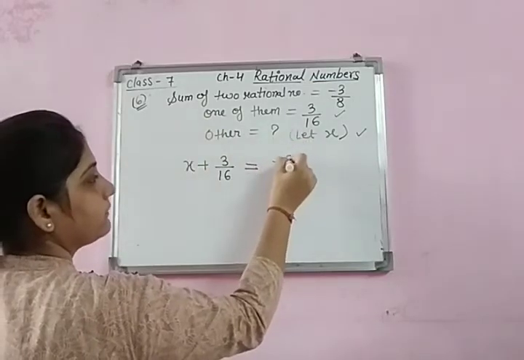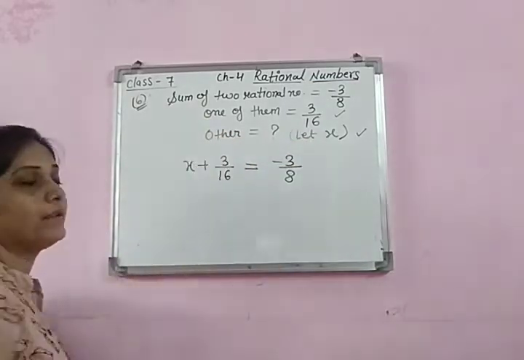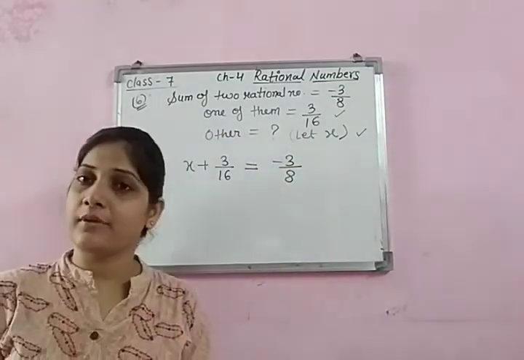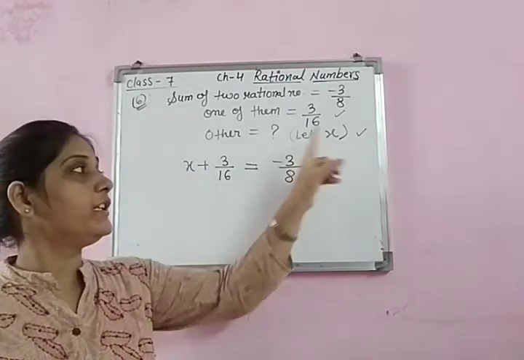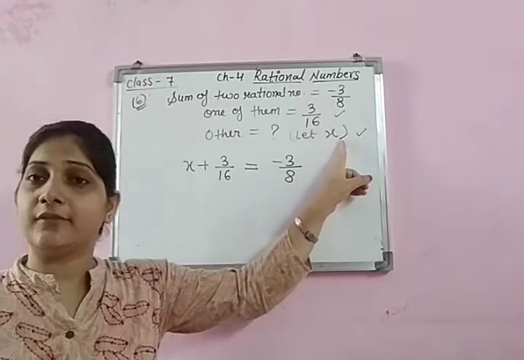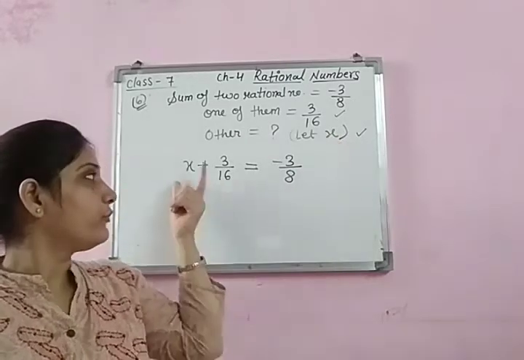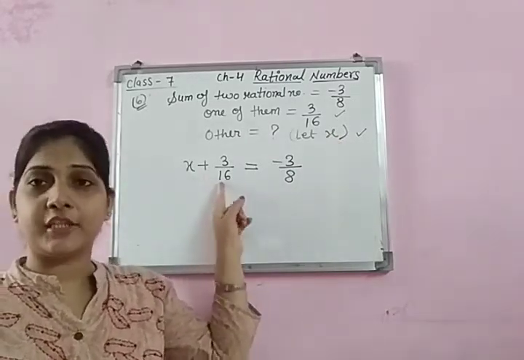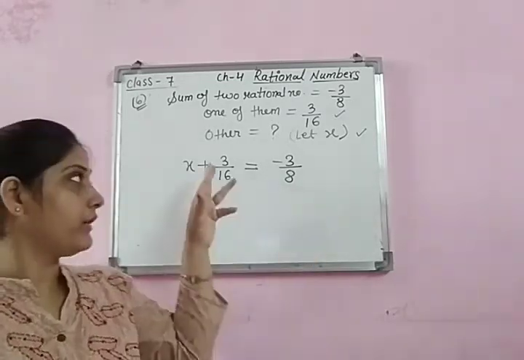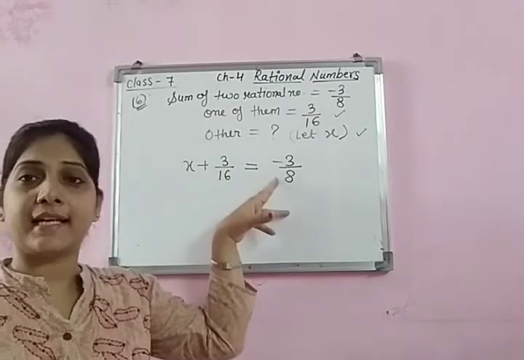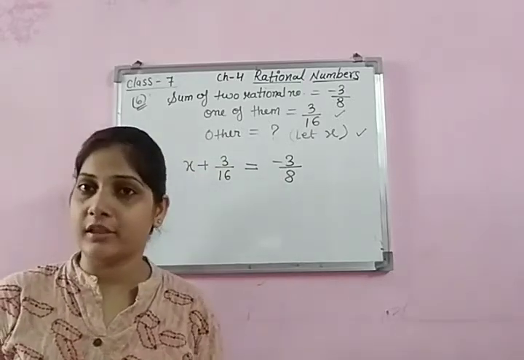And what is the sum? Negative 3 by 8. The equation is clear to everyone. x is the unknown number which we need to find, that we have considered for the other rational number. So first rational number plus second rational number gives us the sum. And in addition, we can change the position. You can write 3 by 16 first and x second. It will not affect your answer.